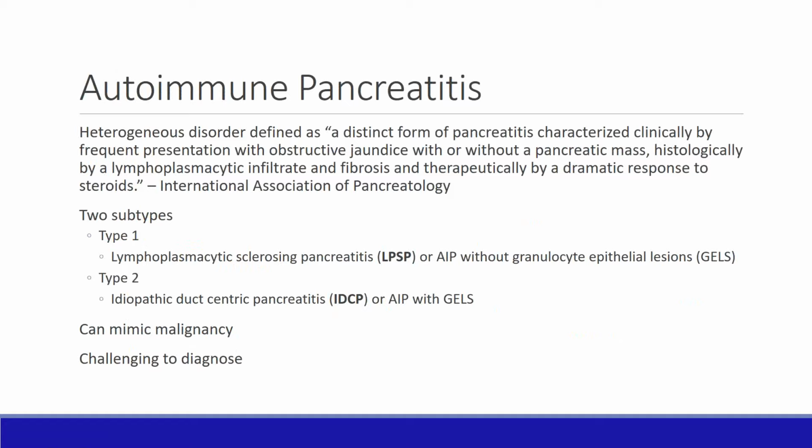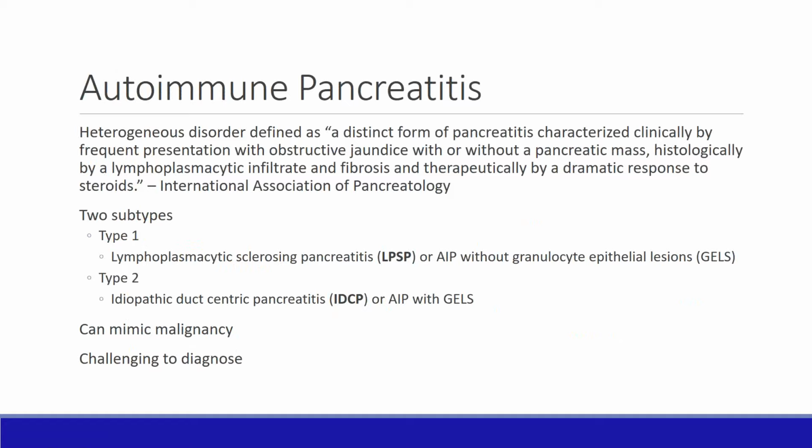And then there's type 2, really a distinct entity, idiopathic duct-centric pancreatitis, or IDCP, also known as AIP with GELs. For purposes of the rest of the presentation, I will refer to them as LPSP or IDCP just to highlight the difference between the two.